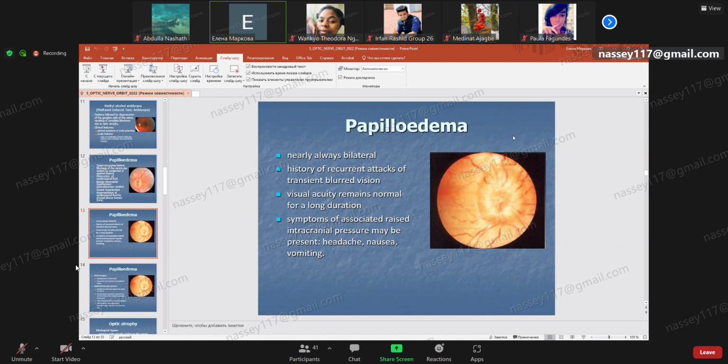It is affected only in the end stages when atrophic changes set in. Symptoms of associated raised intracranial pressure may be next: headache, nausea, and sometimes vomiting. So as you can see, these are the main symptoms of an increased level of intracranial pressure.